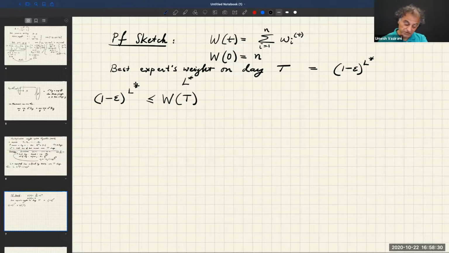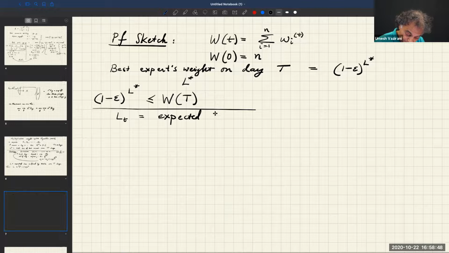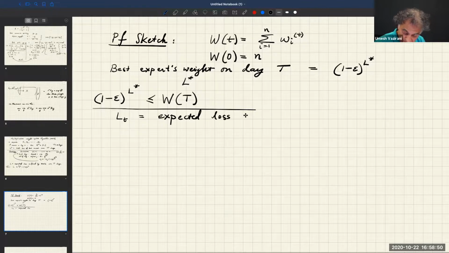The other thing you can show: now let's also denote by L sub t the expected loss suffered by the multiplicative weight update algorithm on day t.